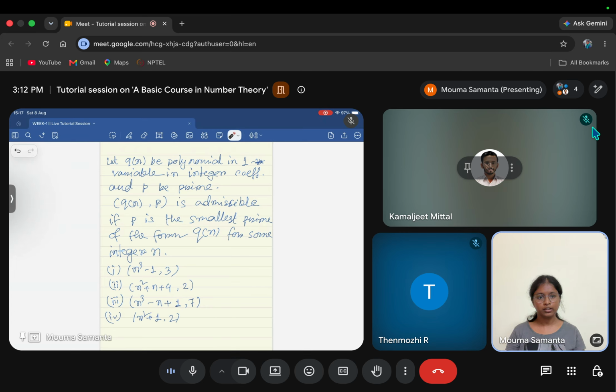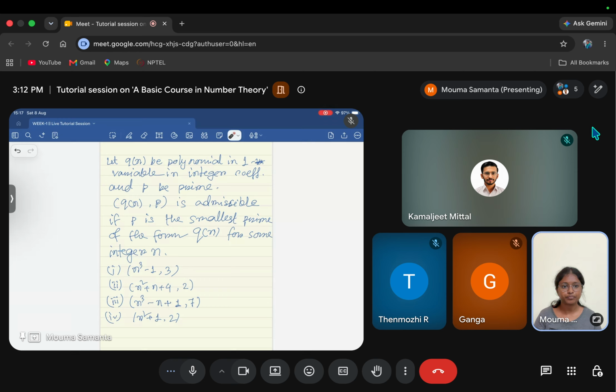Q(n) is just a polynomial function in one variable which takes the input n, that means natural numbers, and the coefficients of this polynomial function are integers. Now it is saying that this pair is called admissible if p is the smallest prime.